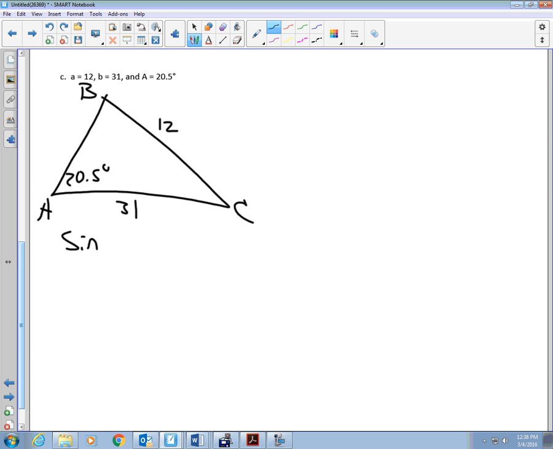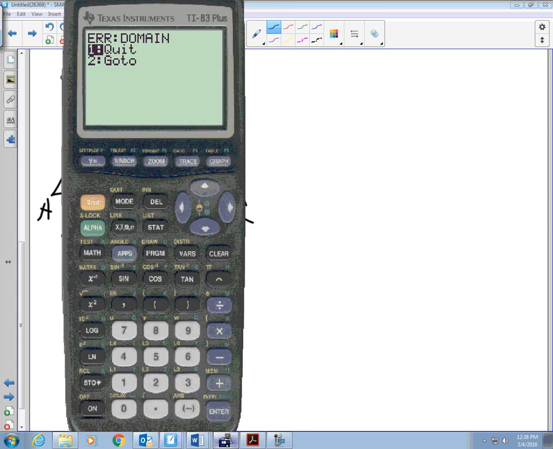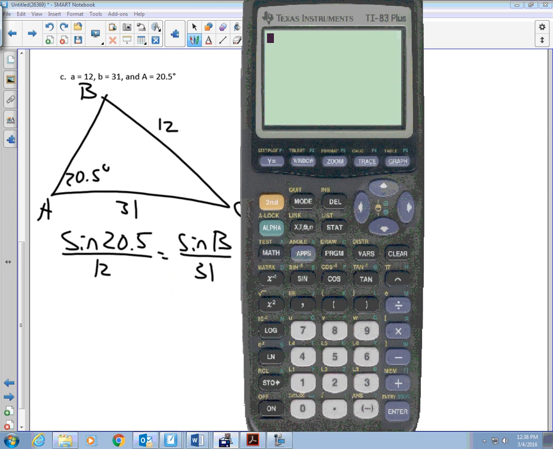So I take sine of 20.5 divided by 12 equals sine of B divided by 31. And I get 0.9047.